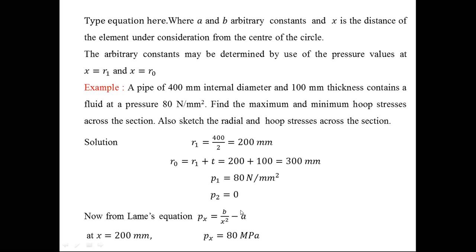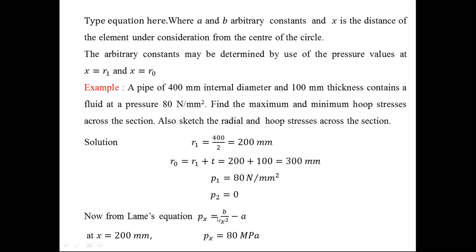For determining the constants, you use these boundary limits. So at x is equal to 200, that means x is equal to internal radius r1, 200. Then what is the pressure inside? 80 MPa, 80 Newton per mm square.